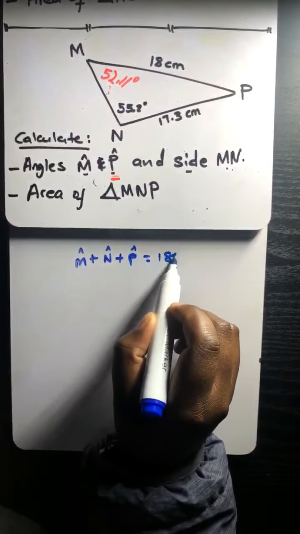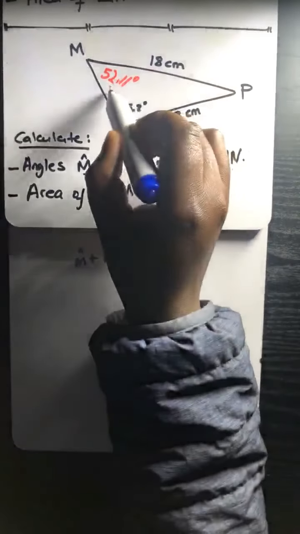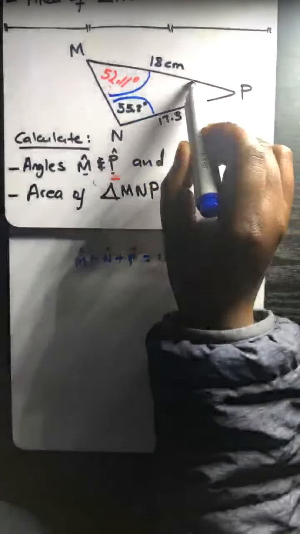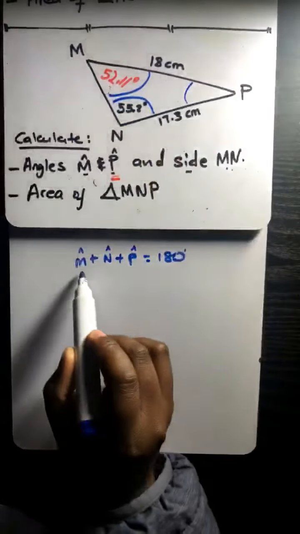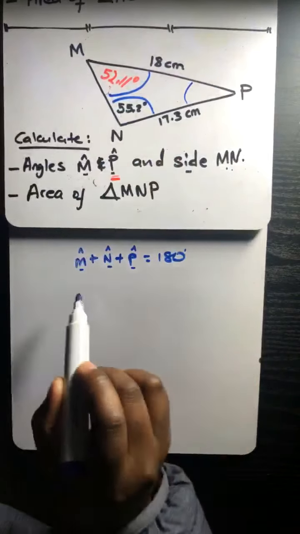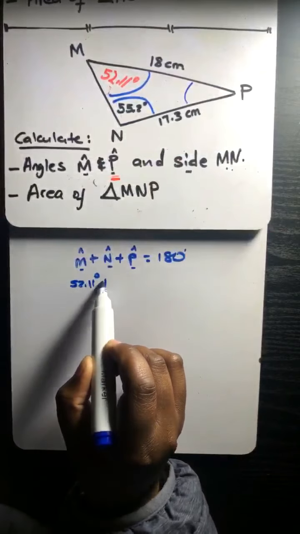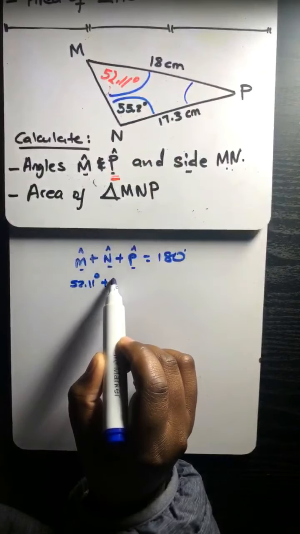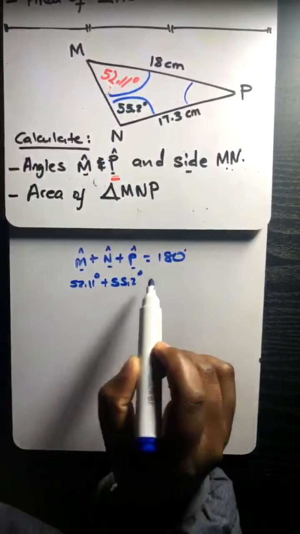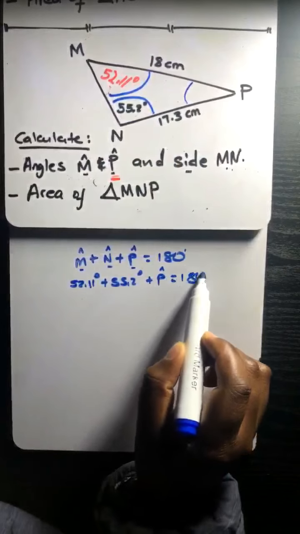The moment you have two angles in a triangle, it's easy to find the other one because you just add up all those interior angles. We know this one is 52.11. We just calculated it. And this one at N is 55.2. We calculated it. And this one for P is what we are trying to calculate. So now, what is angle P?